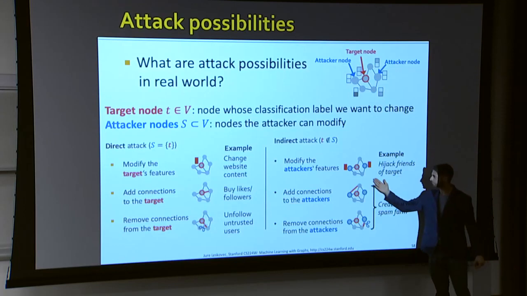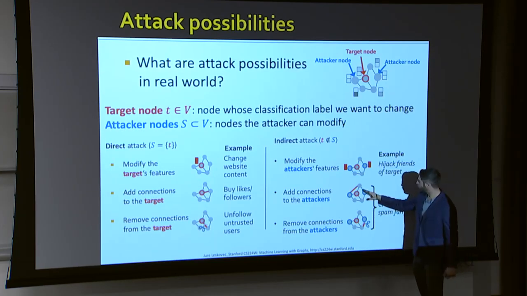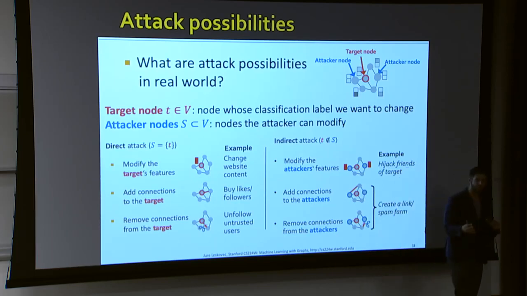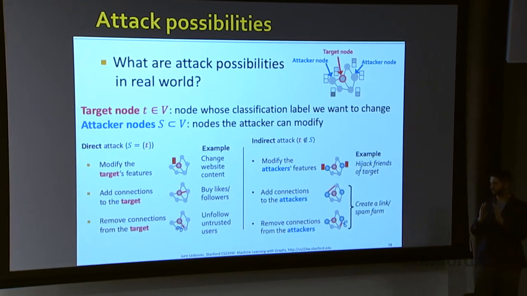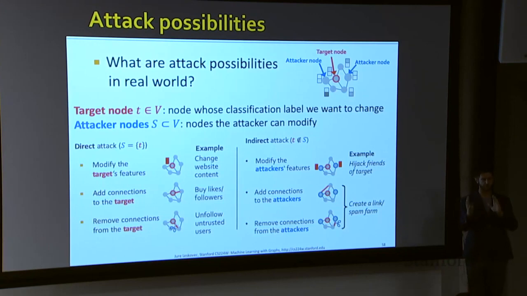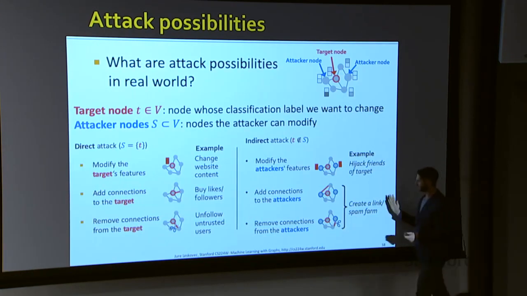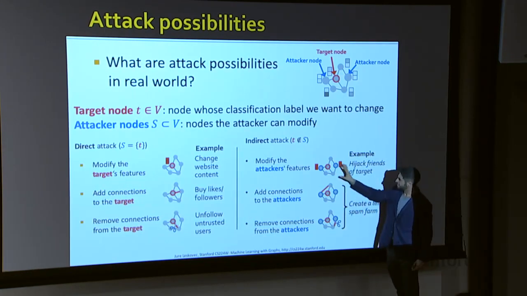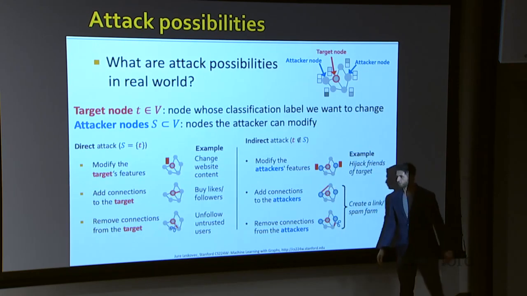If you think about it, this is very similar to the example I gave at the end of the node classification lecture, where we talked about how you can generate a set of trusted users and untrusted users, and then we had this population of proxy users that try to fool the system in order to let the malicious users not be detected. This is pretty much the same scenario here, where our attacker nodes can decide if they want to expose malicious features or not, and if they want to be connected to our target node or not, and so forth.